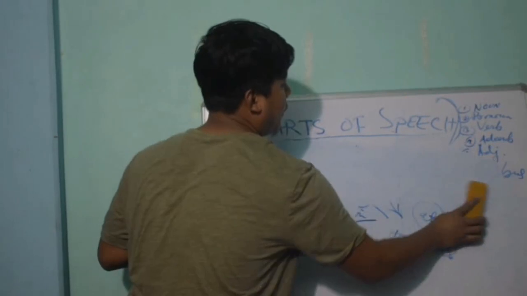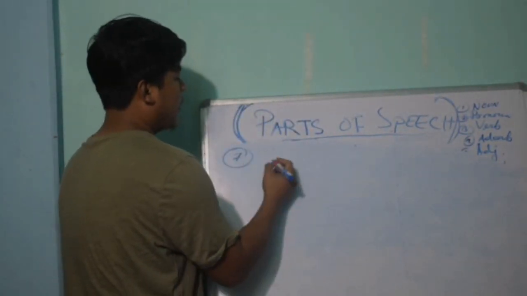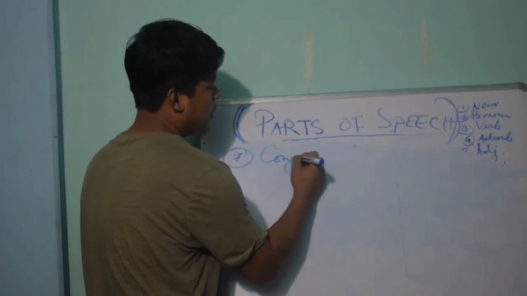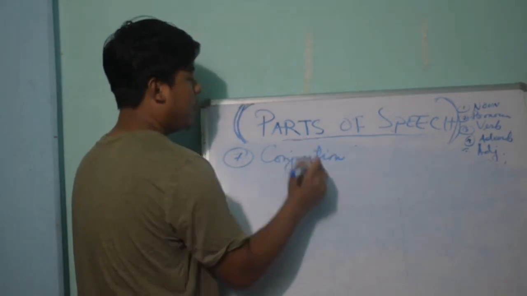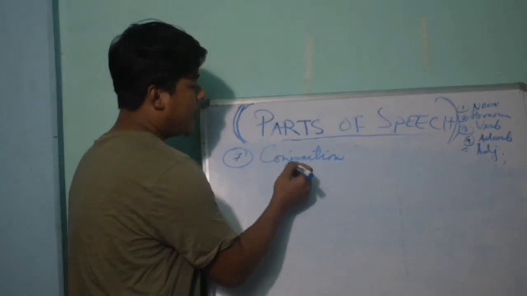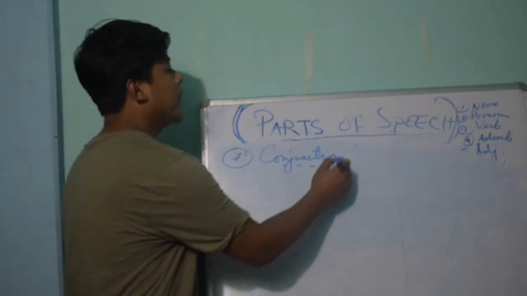That is number 7, conjunction. If you clearly see the word, you will get a hint of what conjunction will be.